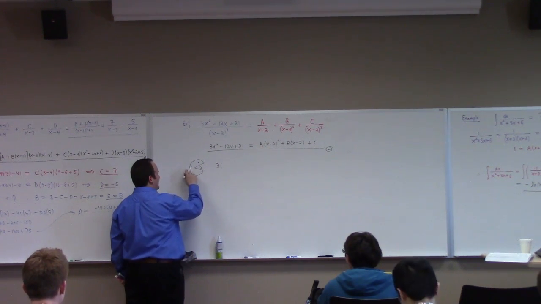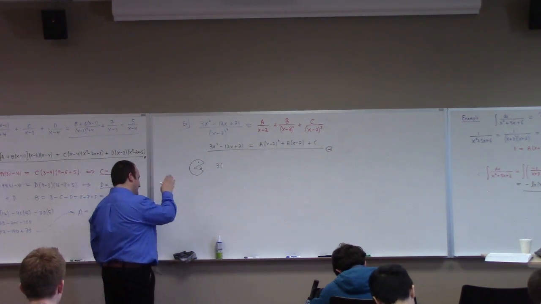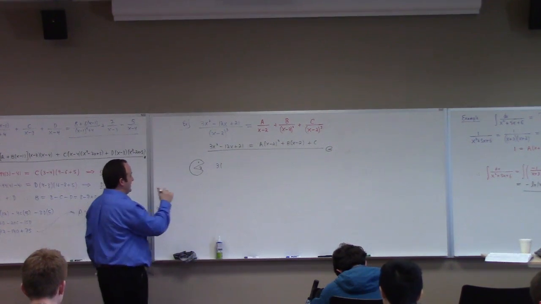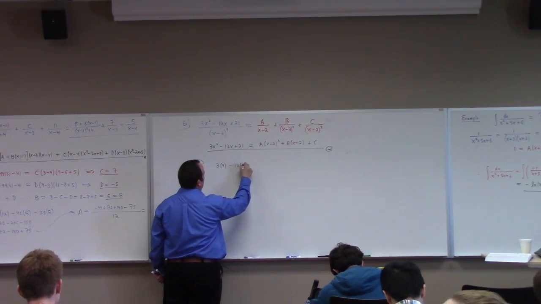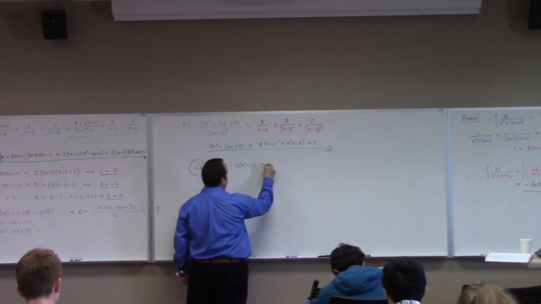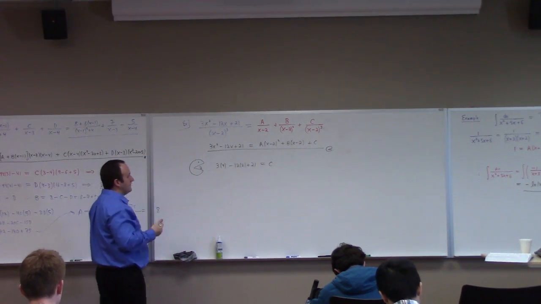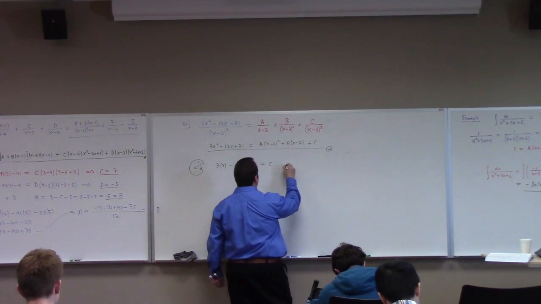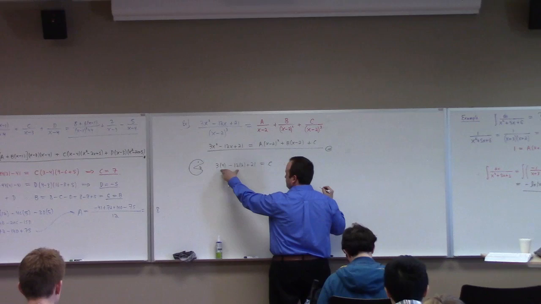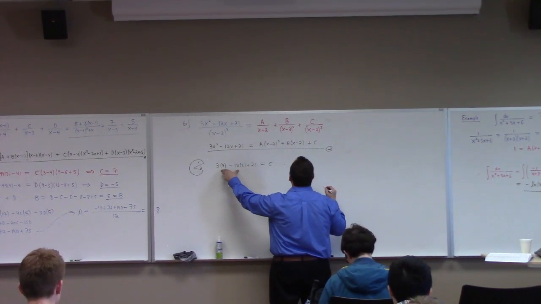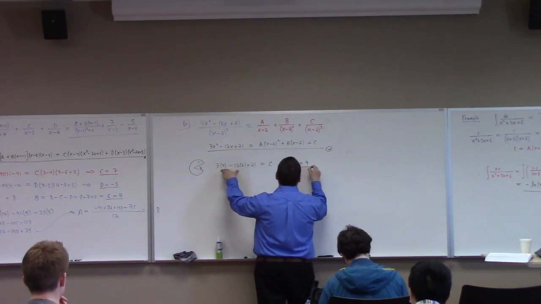Everything I was doing before this moment was wrong. This is right. So that's 3 times 4 minus 12 times 2 plus 21 equals c. So c is equal to what? What'd you get? 9? Yeah.